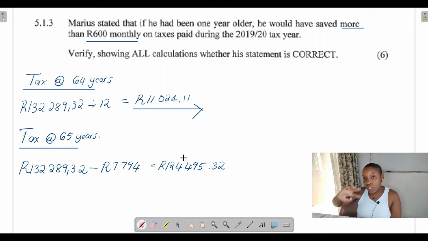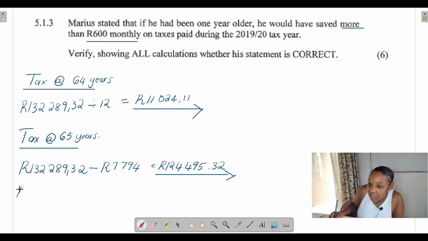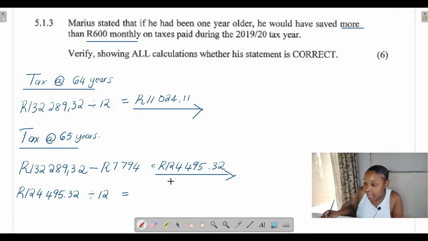But remember, we are trying to compare on a month-to-month basis. So what we still need to do is take that 124,495.32 and divide it by 12 to get the amount of money that he will pay monthly.